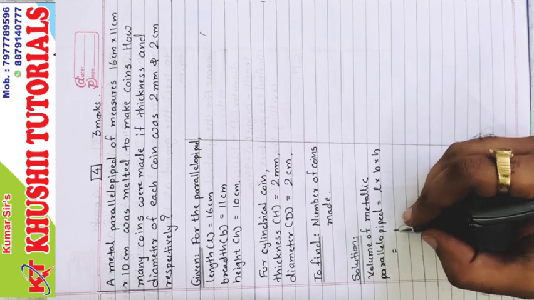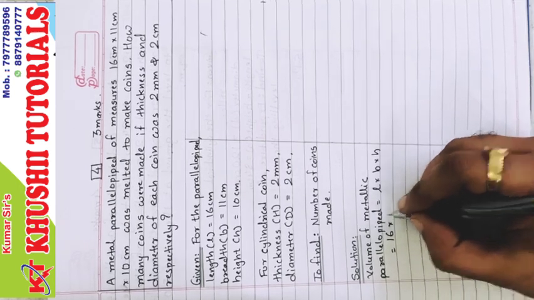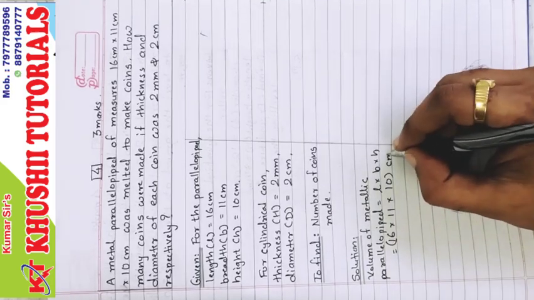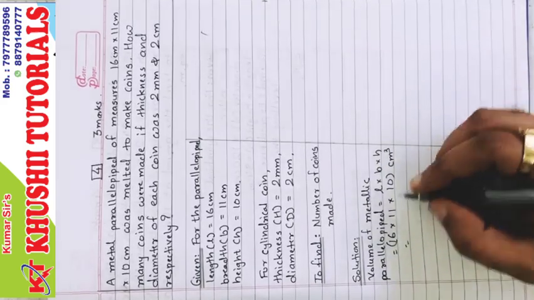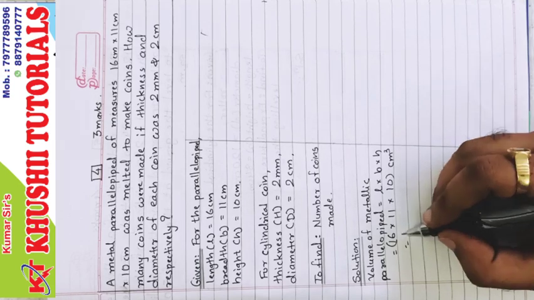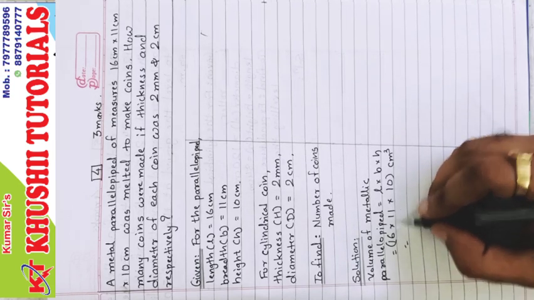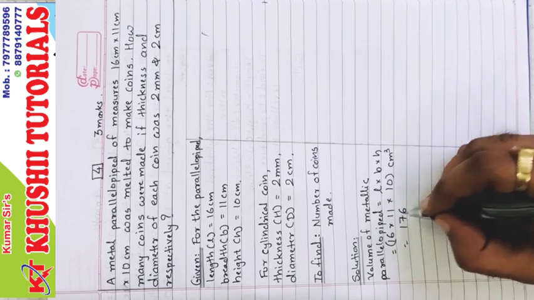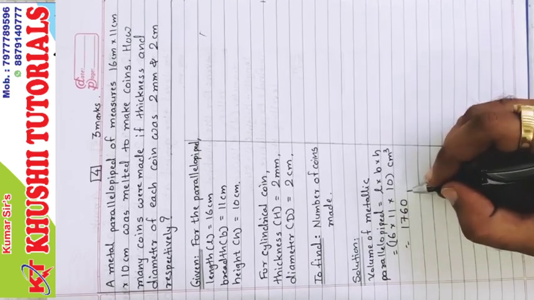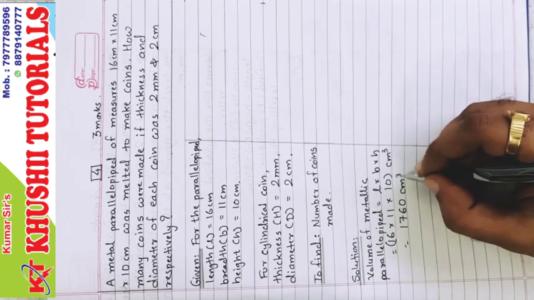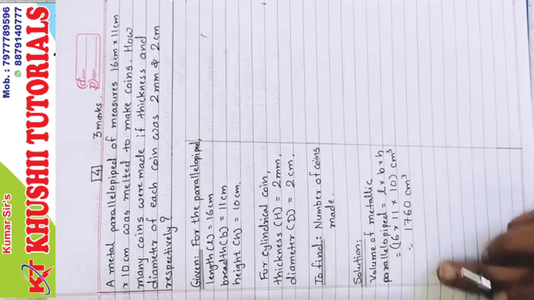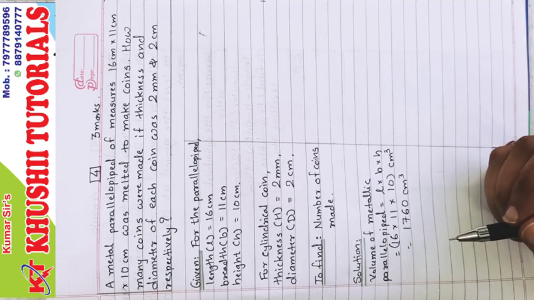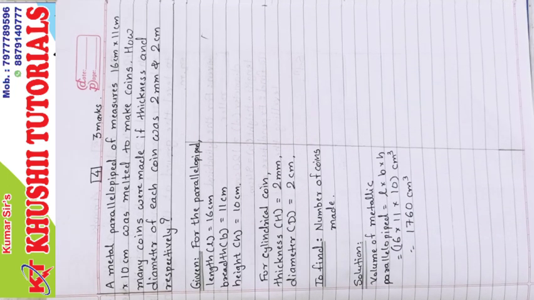The length is 16, breadth is 11, height is 10 centimeter cube. If you want to multiply, you can multiply. I am multiplying it. 16 11, 16 ones are 16, 16 ones are 16 and 1 17, 176 and 0. So 1760 centimeter cube. If you don't multiply, it's okay. Now that is volume of metallic parallelepiped.